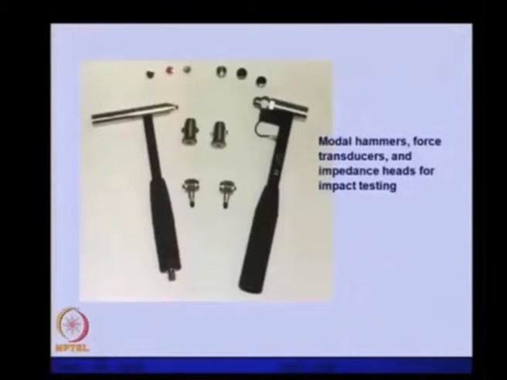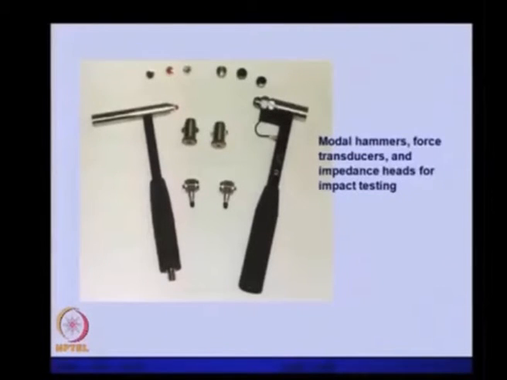This is another kind of instrument, which is called an impact hammer or modal hammer. Sometimes we need to give a small force to the machinery, and corresponding to this we want to monitor the change in the vibration. This is the purpose of the modal hammer.